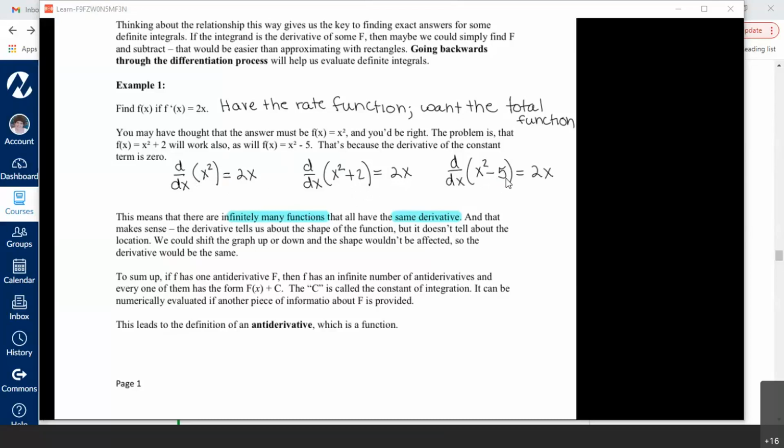You're not doing anything to change the shape of the graph, though, so its rate of change everywhere will be the same. Basically, the derivative tells you about the shape of the function. Its rate of change isn't affected by the constant.